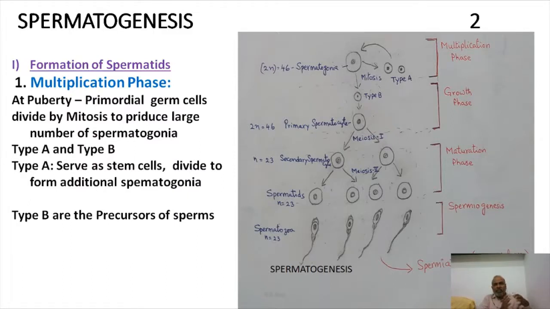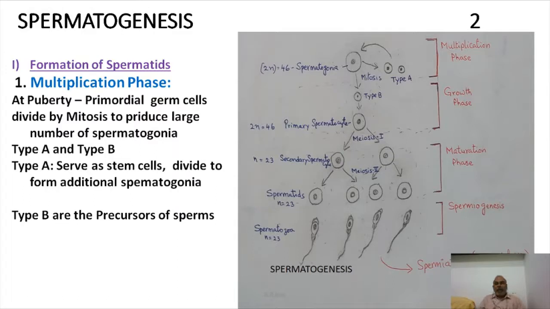And a few cells descend down to produce the sperms for this particular time. These are called type B cells. Let us call the type B cells primary spermatocytes. Spermatogonia divide by mitosis to form primary spermatocytes and spermatogonia.